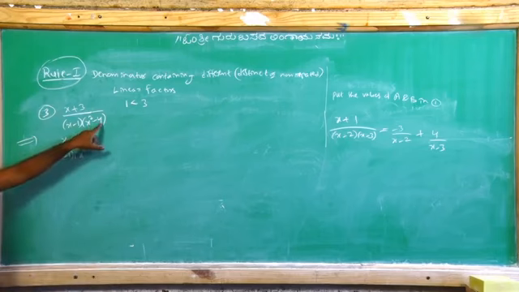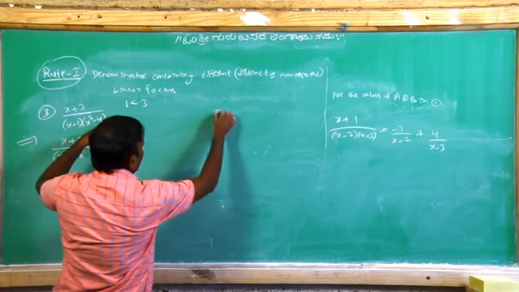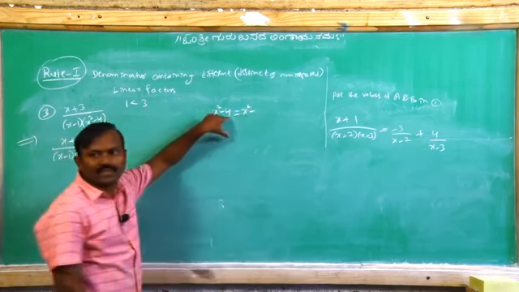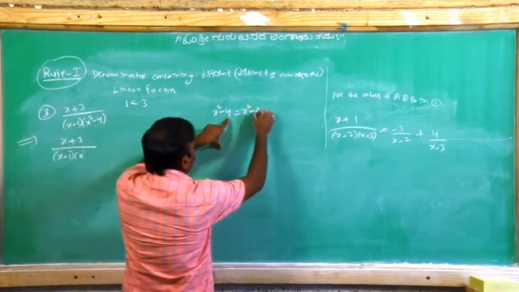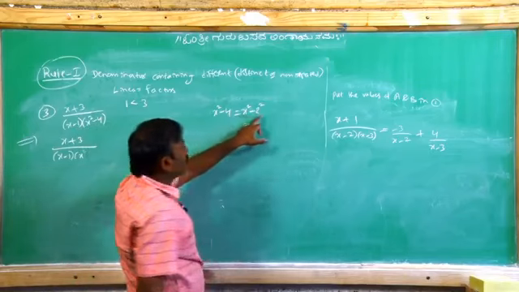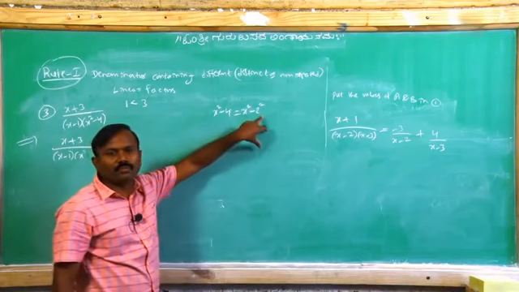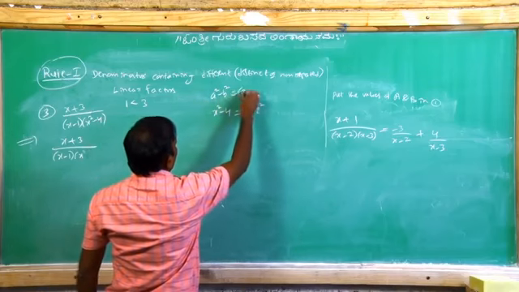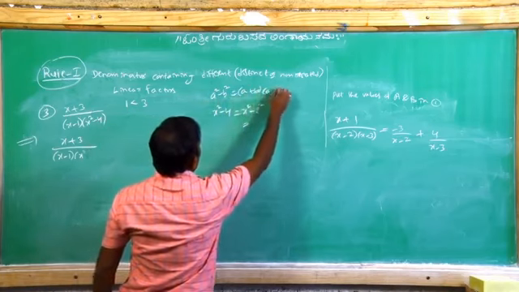Now x square minus 4: 4 is 2 square, so it is x square minus 2 square. Apply the a square minus b square formula. You know that a square minus b square equals a plus b into a minus b.